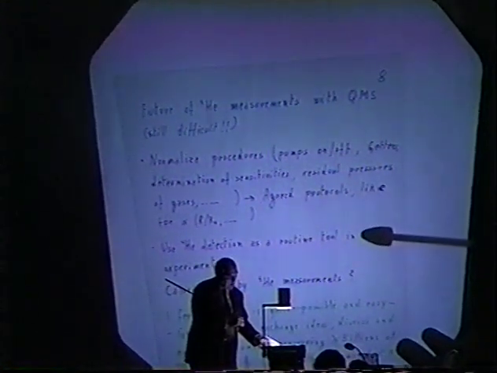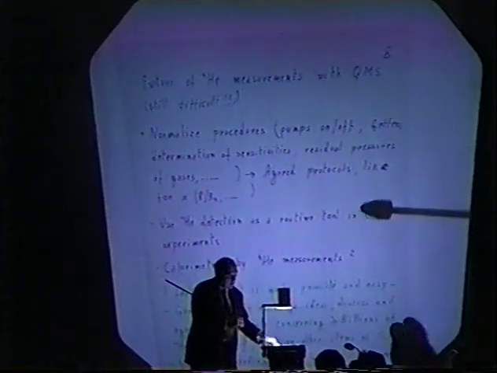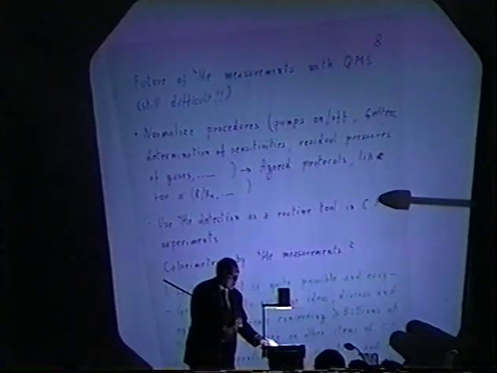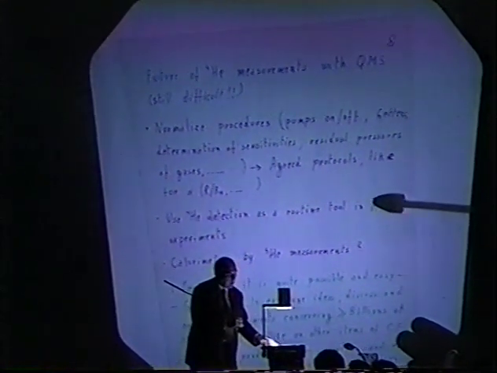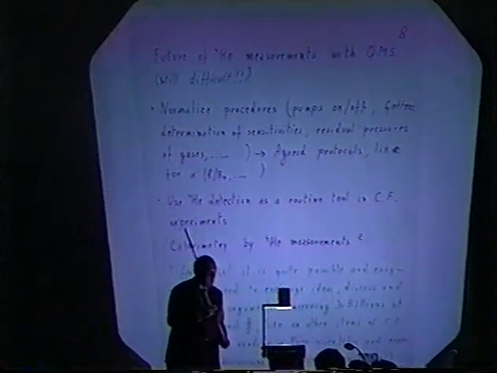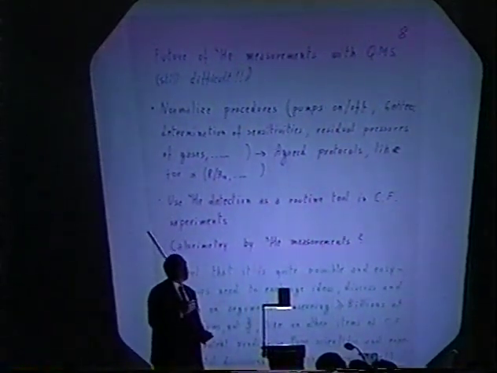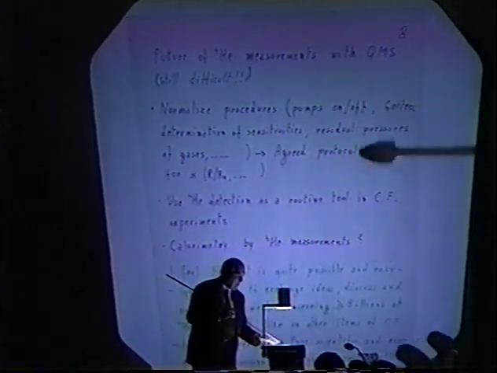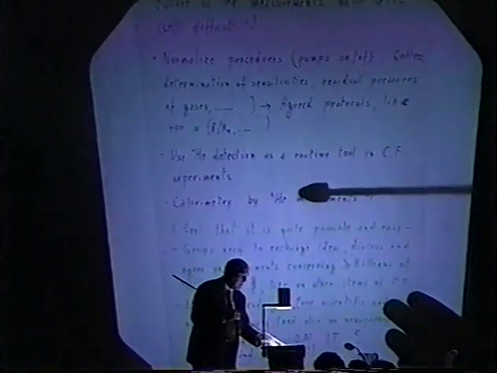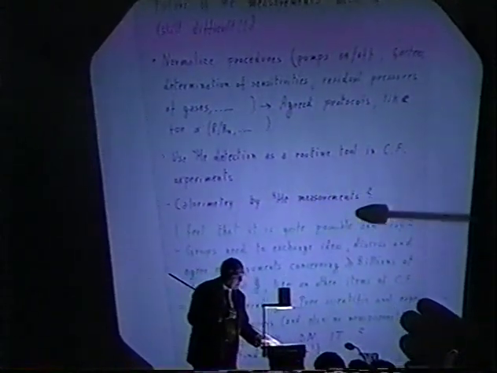And I strongly recommend the groups that have, it's not only a question of money, but certainly also a question of time, to learn how to use this object, to use helium-4 detectors instead of neutron detectors as routine tools in cold fusion experiments, perhaps arriving at a possibility of making calorimetry by helium-4.